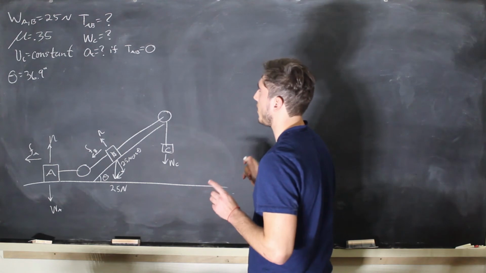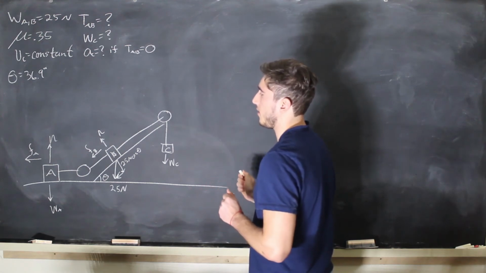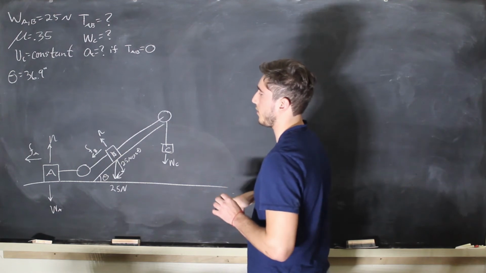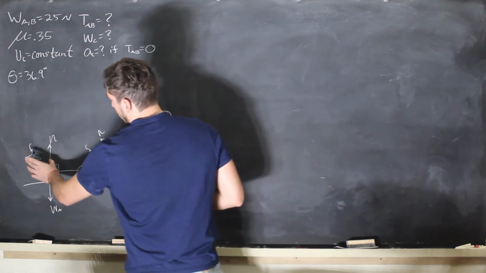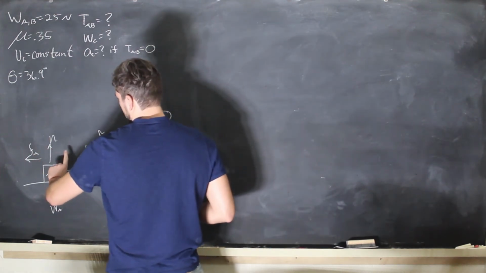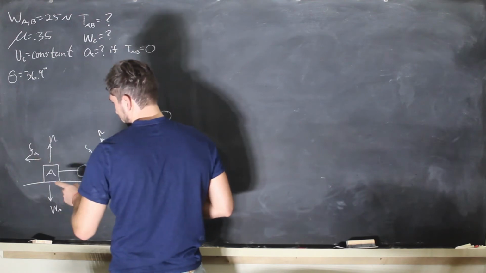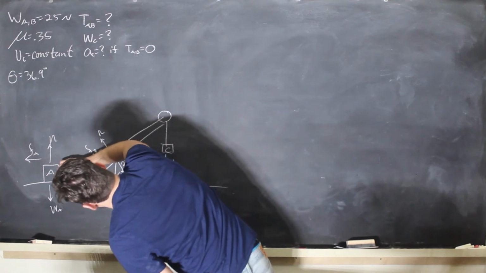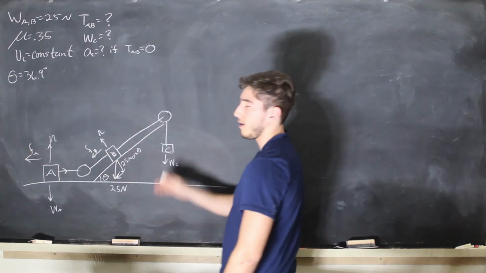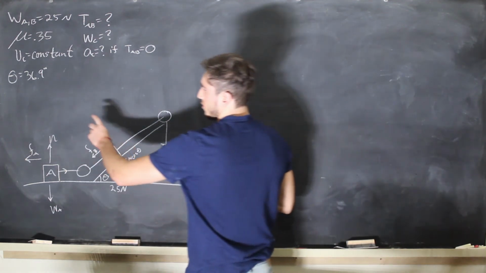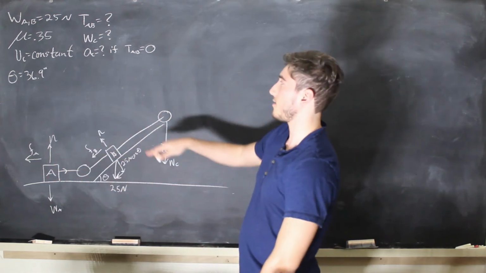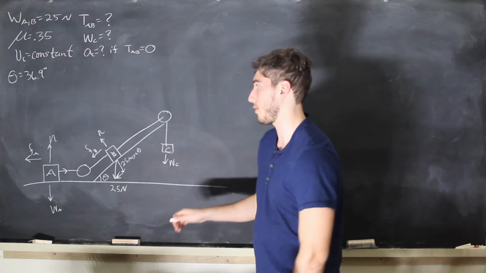First things first, how do we find the tension for the rope that's connecting A and B? Well, if we have a force of friction to the left, then our tension is going to be to the right. The addition of the force of friction and the tension need to be zero because this entire system is in equilibrium.